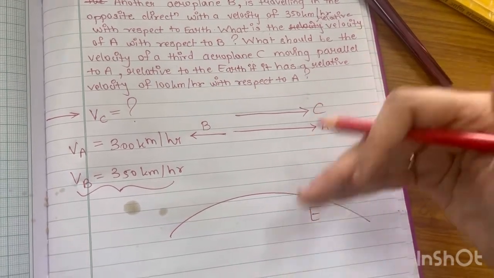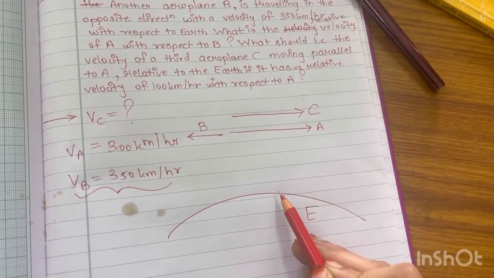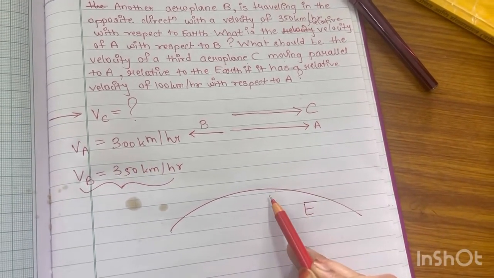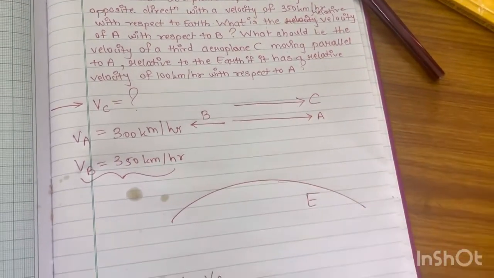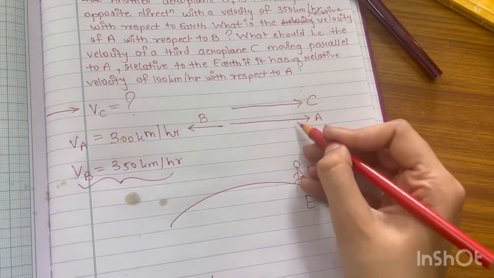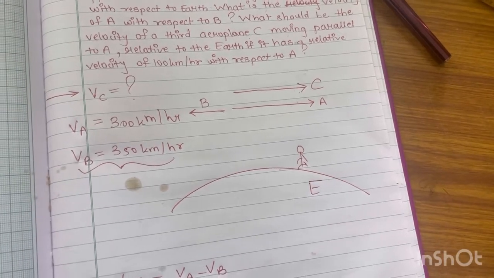If you see A with respect to Earth and C with respect to Earth, both of them are moving parallel with respect to the Earth. Means if you are standing over here, then you will see both of them moving in the same direction and both of them will be parallel to each other.